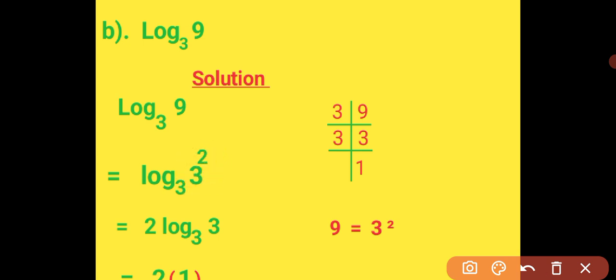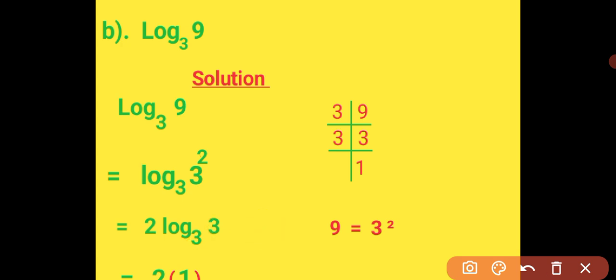So now we have 3 to power 2. And now since this 3 has power 2, this power again we have to drop down. We bring it down here in the next step so that it looks as indicated in the next step here. So 2 is here, then log to base 3 of 3. So if the base is 3, and the number in front is also 3, automatically this becomes the same as 1.